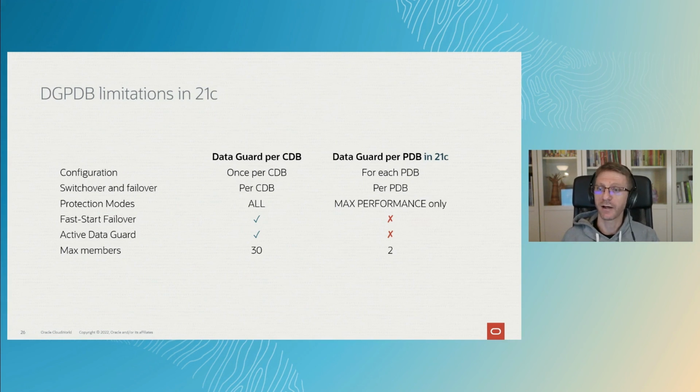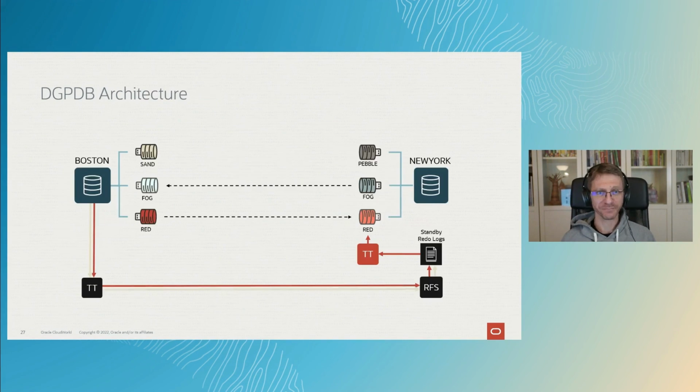And Active Data Guard will be one of the first limitations that we will fix in 23c. We will at least try to have real-time query available in 23c. This is something that will probably happen, but I don't have my safe harbor statement here, but that is something that we expect to happen.